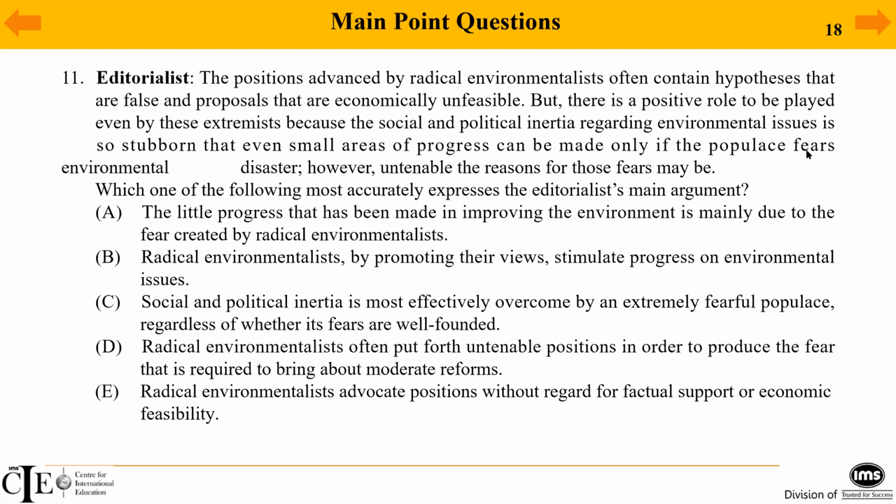We don't know in how many other ways this inertia can be overcome to say that this is the most effective one, is it not? So C outrightly is a comparative term. Unless we know the other factors which can overcome social and political inertia, we can't say this is the most effective one. All we know from this argument is that this helps overcome social and political inertia. Whether it is most effective or not, we do not know.